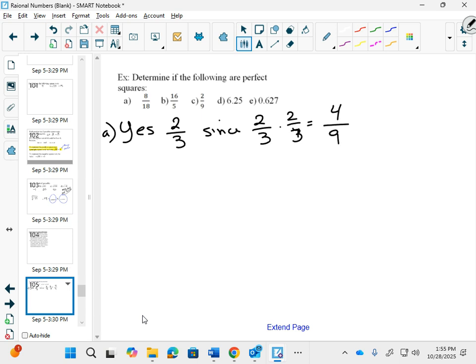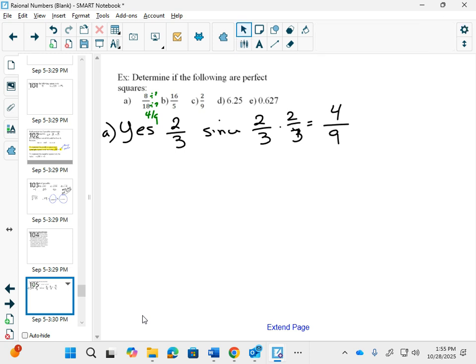But I have 8 over 18. Why is it 4 over 9? Because this one you could have divided by 2, and then you would get 4 over 9. And maybe if we had started with 4 over 9, some of you would have said, yes, it's 2 over 3 times 2 over 3.